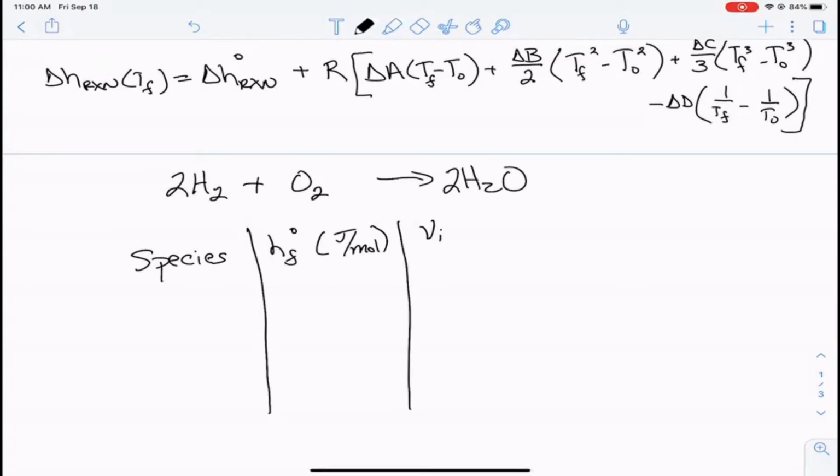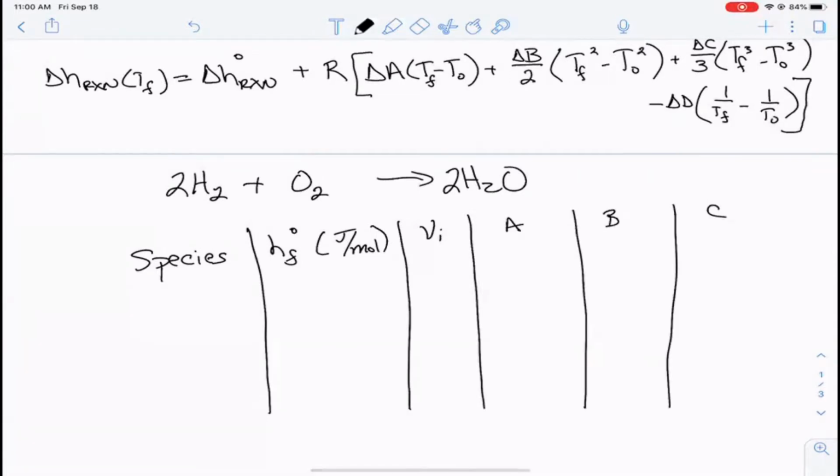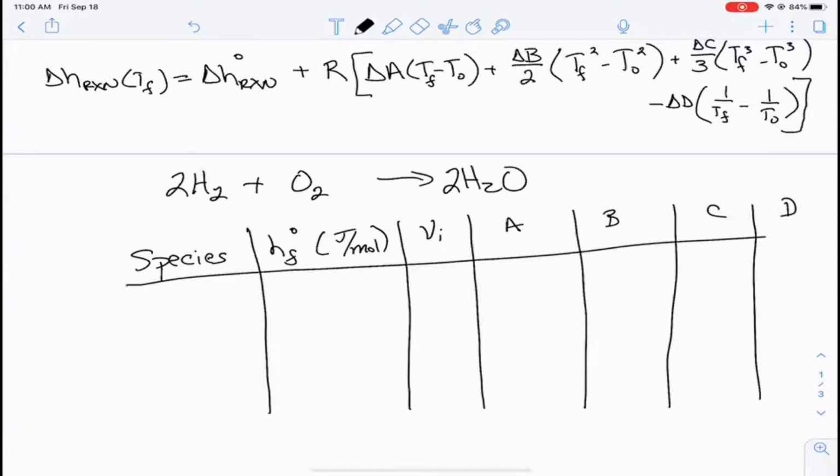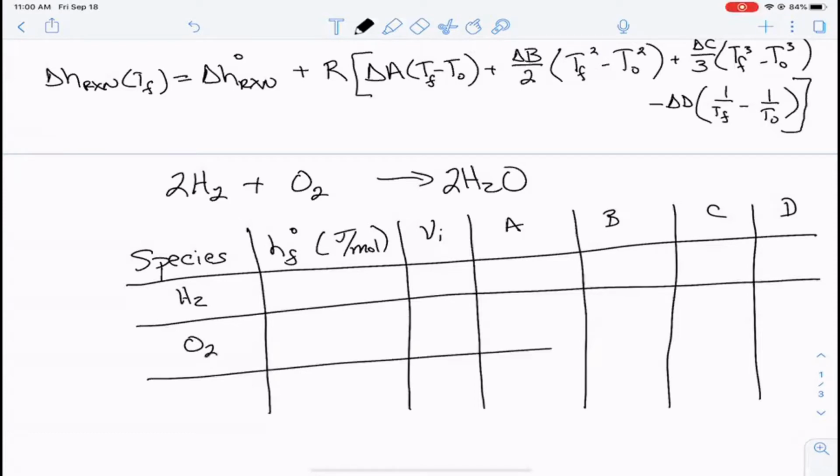And then the other thing that I'm going to do is I'm also then going to have A, B, C, and D from the appendices, okay? And so we have hydrogen, we have oxygen, and we have water. And since we're doing a combustion, I'm going to assume that that water product is in the gas phase.